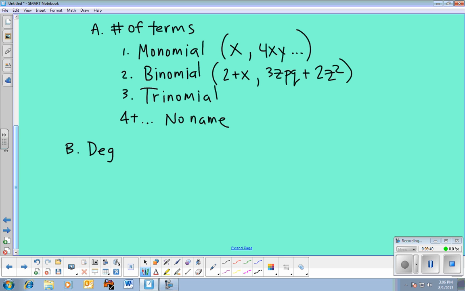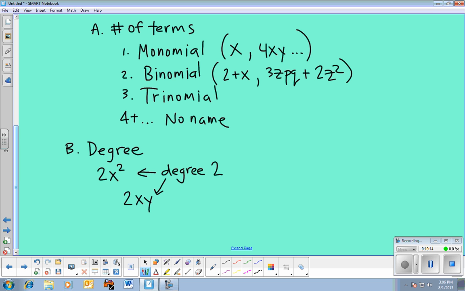Alright, so now let's talk about degree. The degree of a polynomial, the degree of each individual term is basically how many variables are in that term. So the term 2x squared has a degree of 2, because I have two x's in it, and I realize I can only see one x, but I have two x's because of the square. 2xy, degree of 2.